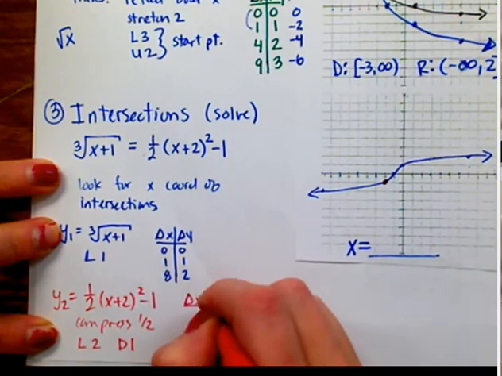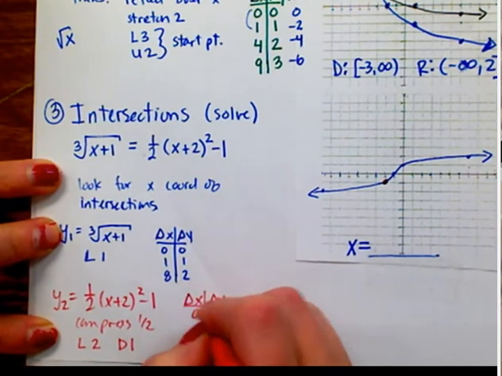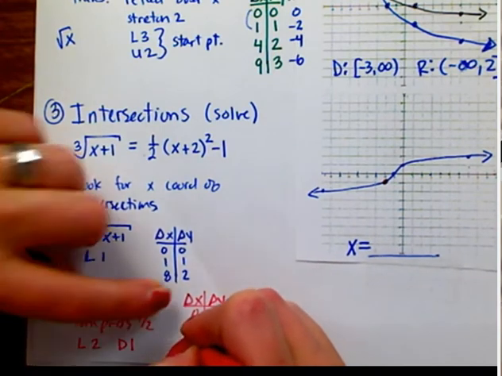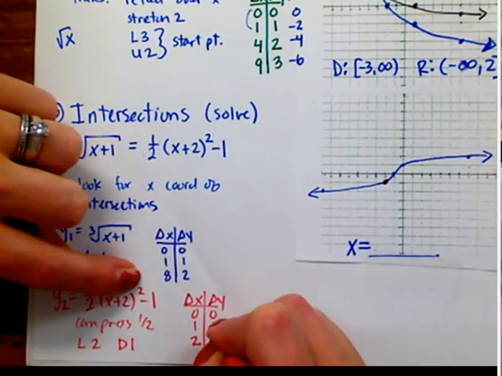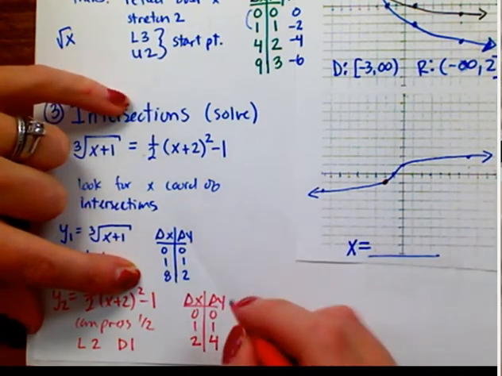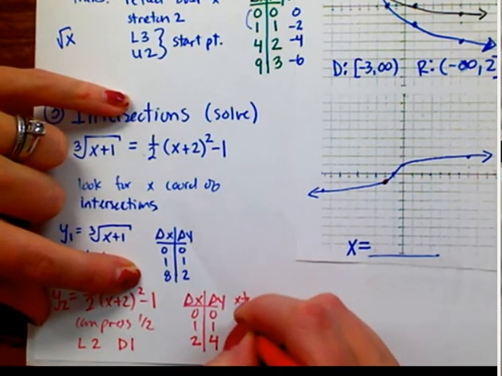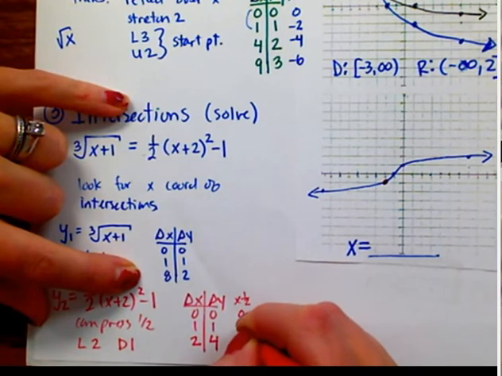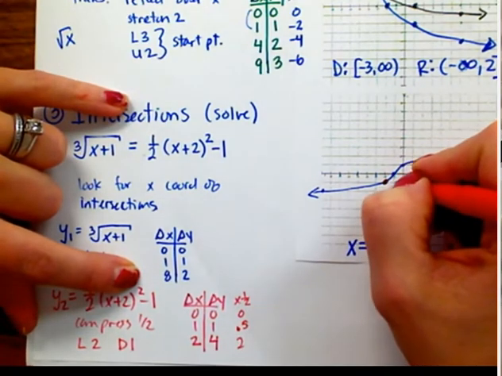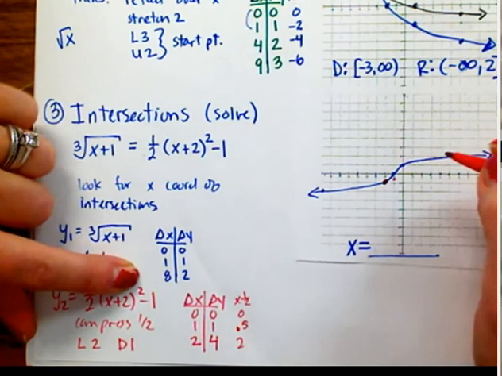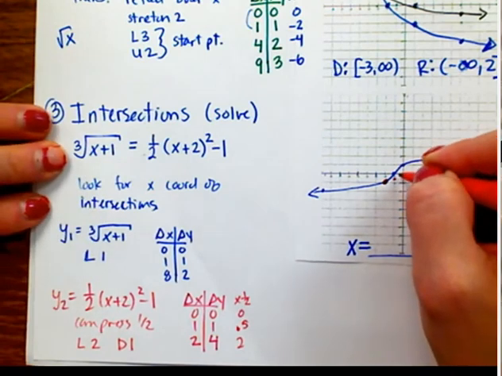Remember, this is a review parent. So 0, 0, 1, 1. 2 squared, 4. Compressed by 1/2. Okay, so over, up 1/2. Notice that that point is below the blue line.